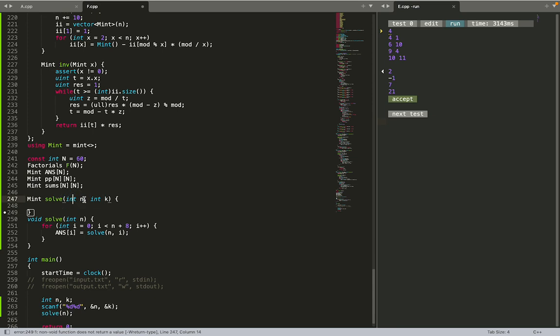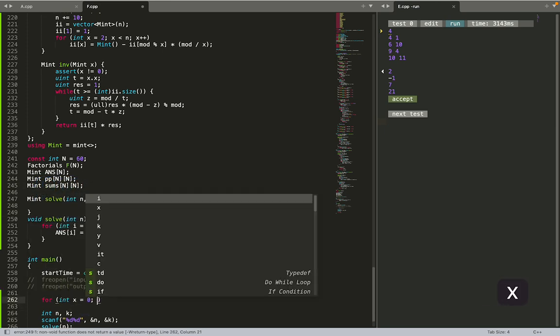Okay, so now we have fixed n and k. Oh yeah, at the beginning I need to pre-calculate all the powers.